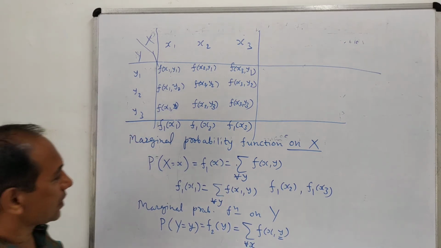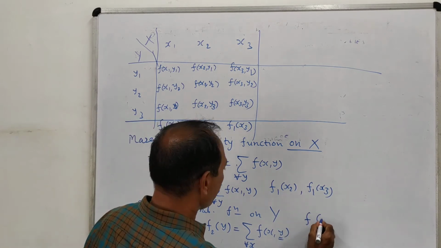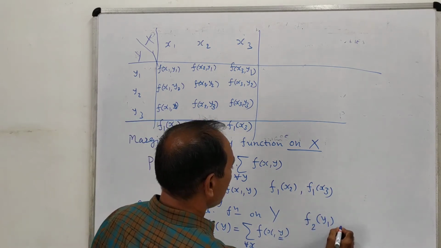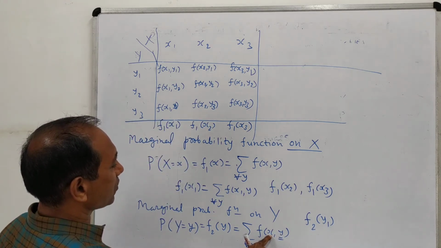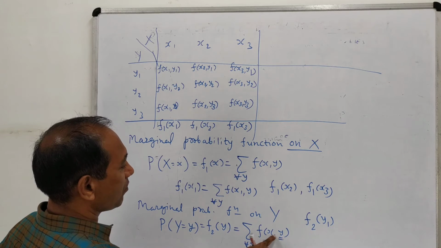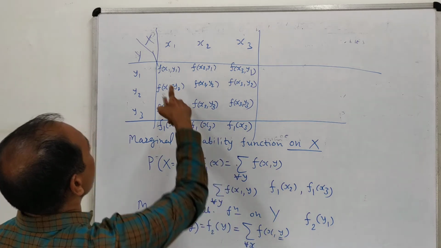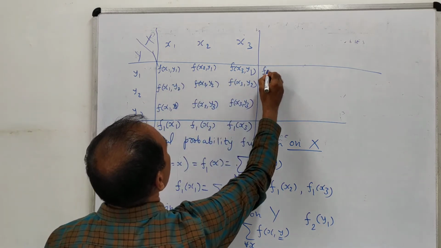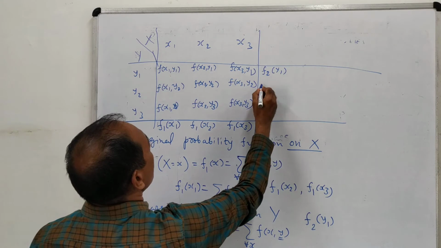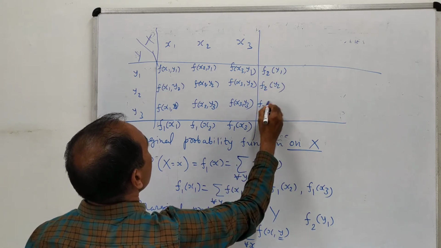By using this concept, as discussed earlier, we can find f2(y1). Here y1 is fixed and x will run. So f(x1, y1) plus f(x2, y1) plus f(x3, y1), the summation of these elements, will give us f2(y1). Similarly, we can find f2(y2) and f2(y3).